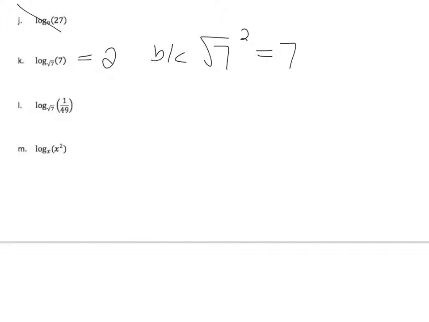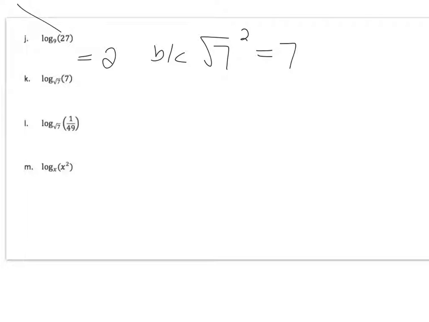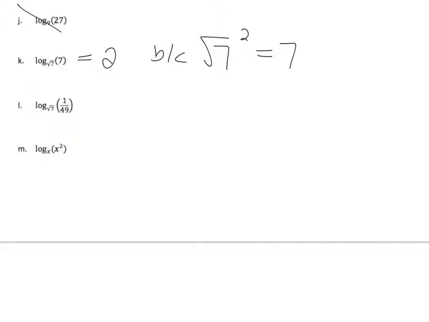All right, this one's a little tricky. I'm going to go over here and try to figure it out. So I'm trying to get 7 to the 1/2 raised to something equal to 49 to the -1. To get 7 to the 1/2 to 49, I need to go 4 halves, because that would be 7 squared.